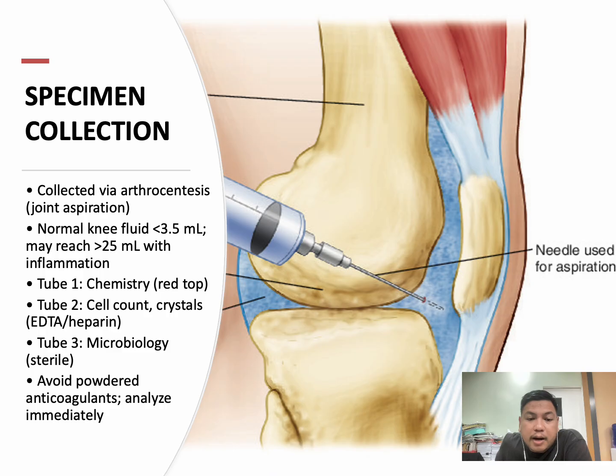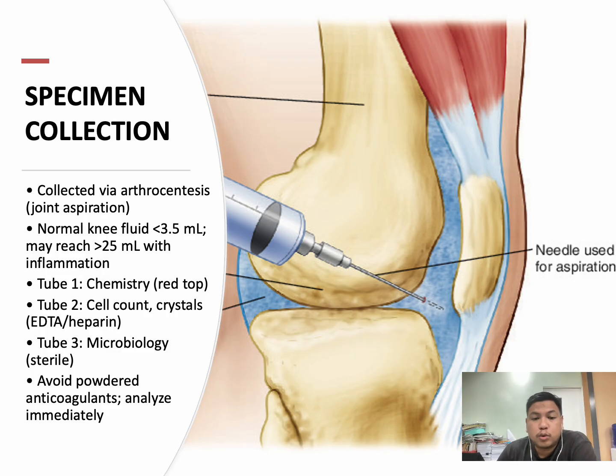So, we are preparing 3 tubes to test for different sections or different types of tests in the laboratory. Tube 1, our red top tube, is used for clinical chemistry tests, particularly glucose, protein, and uric acid.